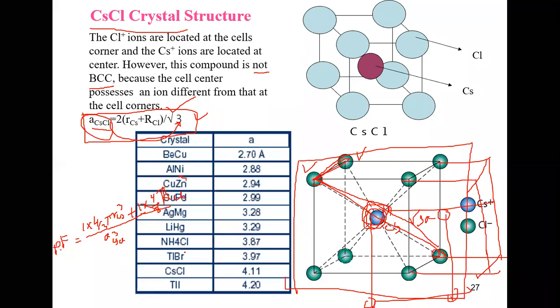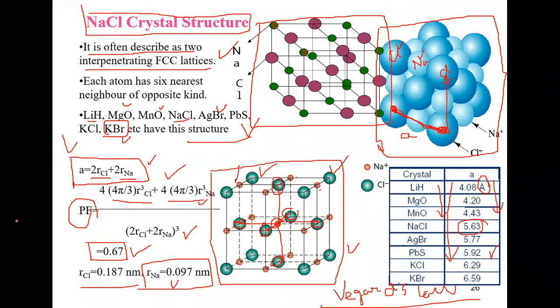Now, the lattice constant is given in this table for cesium chloride. It is actually 4.11 angstrom. Angstrom means 10 to the power minus 8 centimeter. So a CsCl is given, and you know the RCl from the previous slide: RCl is 0.187 nanometer.